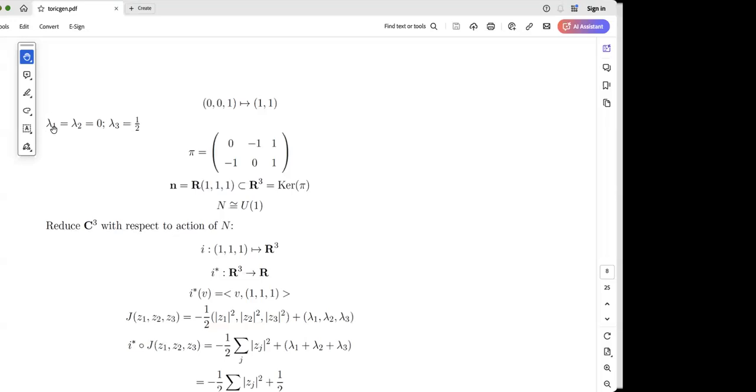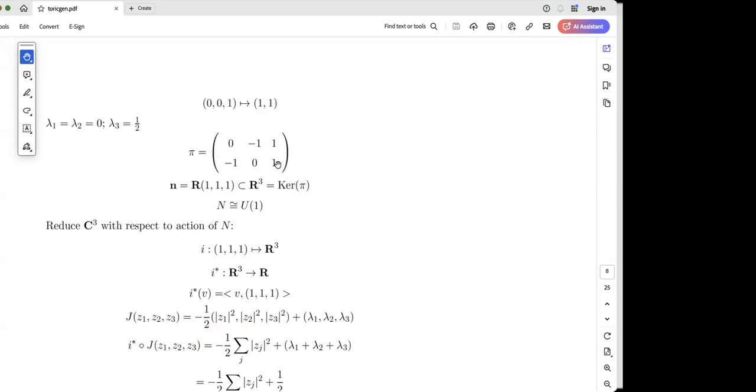And in this case, lambda 1 and lambda 2 are both 0, and lambda 3 is 1/2. And the matrix is (0, minus 1, 1) and (minus 1, 0, 1).